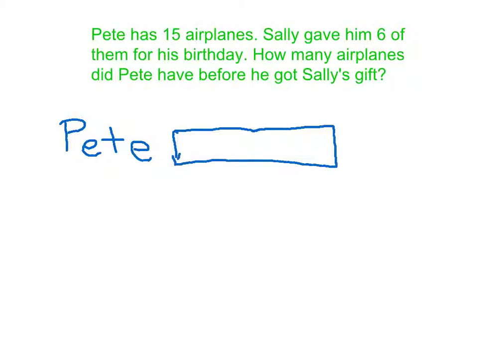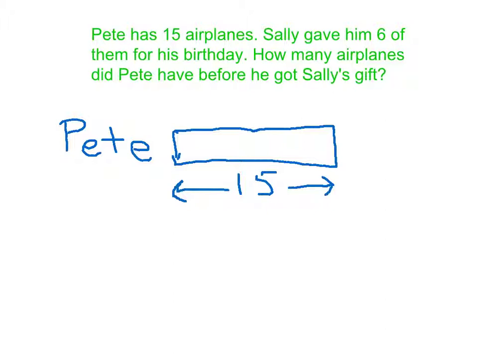Now I'll go back to the word problem itself and read it sentence by sentence and draw it sentence by sentence. Pete has 15 airplanes, so I would put my 15 here and draw the arrows to show that the bar, the entire unit, represents 15.